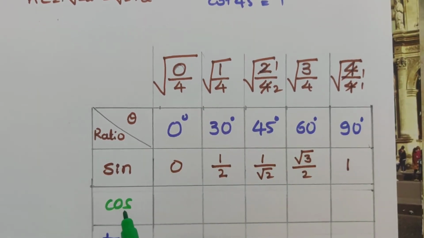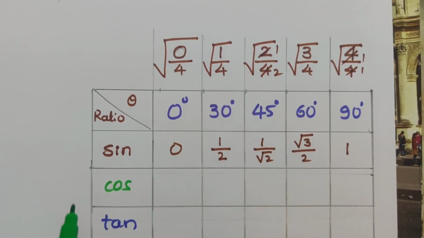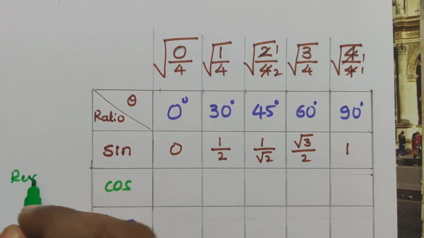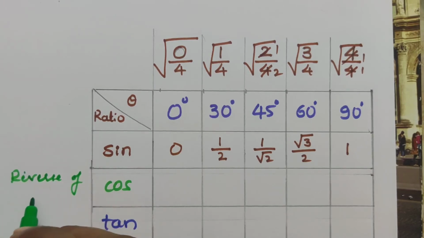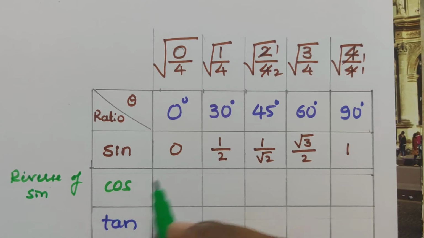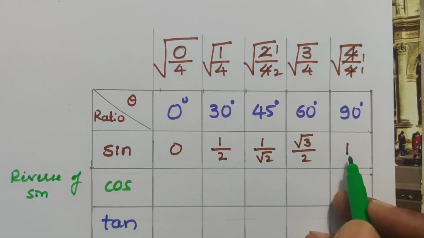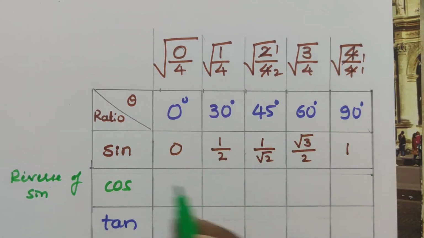Same way, how to prepare cos values? It is very simple. If you want to prepare the cos values, I'll just write a hint here: reverse of sine ratio. See, sine ratio starts from 0 to 1. Cos will start from 1 to 0, it will go.